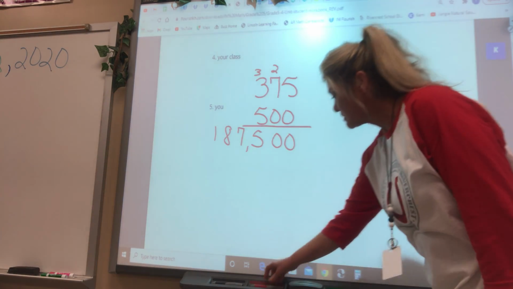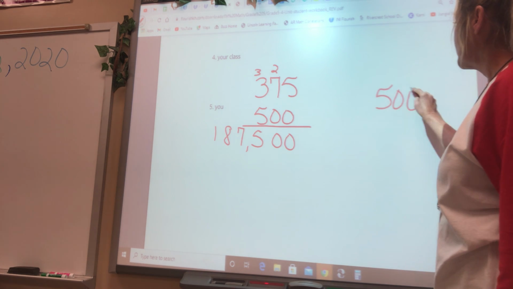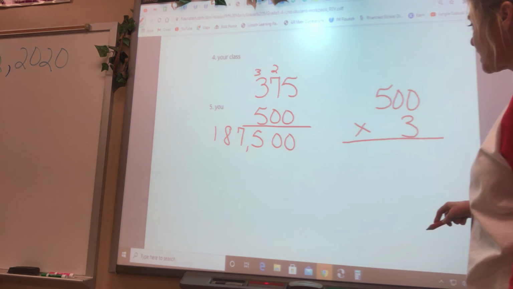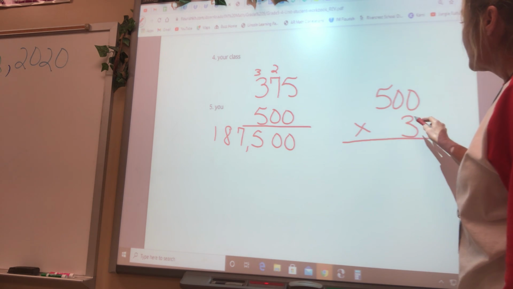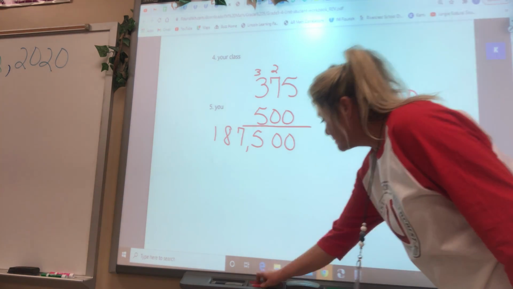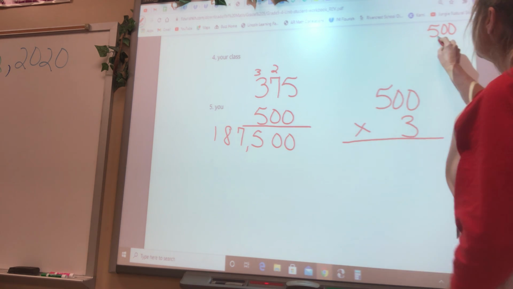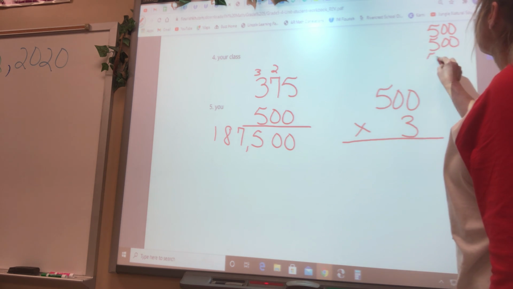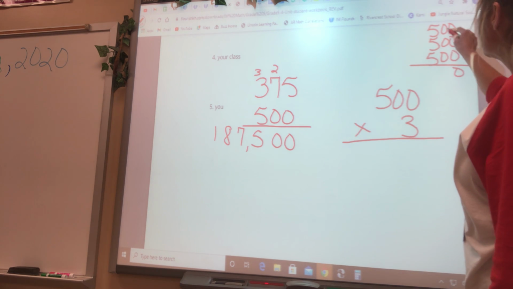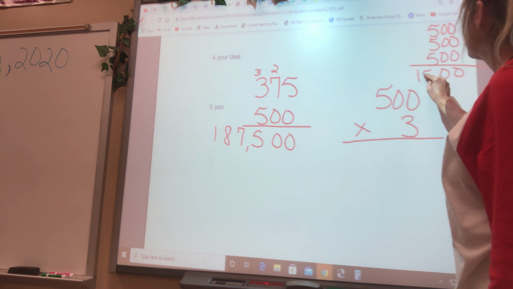Let's take it down to a small number, so that we can really break it down. If I had 500 3 times, if I was just adding it up, I would have 0, 0, 5, 10, 15.